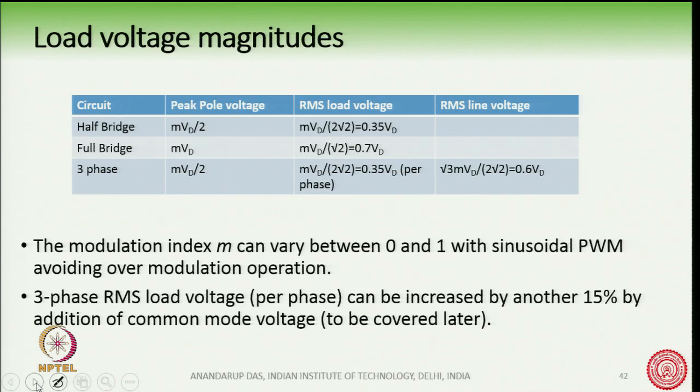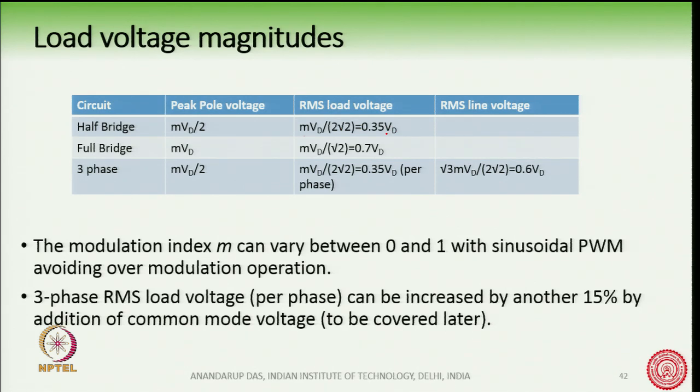Okay. Therefore, let me summarize what the load voltage magnitudes possible are. From a half bridge, the peak pole voltage is equal to m Vd by 2, and m can vary between 0 and 1. So, the RMS load voltage that can be obtained is m Vd by 2 divided by root 2, that is 0.35 Vd.